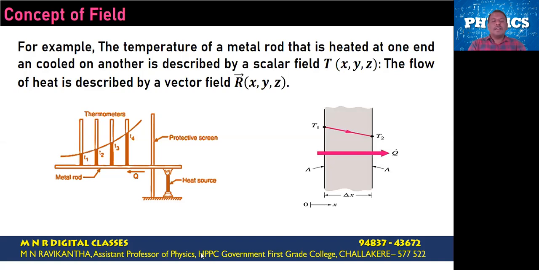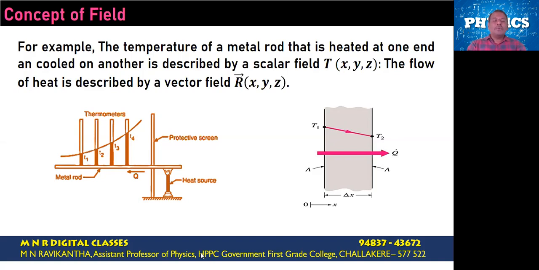Now let us understand the concept of field again with the help of an example. Consider the temperature of a metal rod heated at one end and cooler at the other end. We know that heat always flows from a region of higher temperature to lower temperature. As a result of this flow of heat, the temperature at different points along the length of the rod will be different under steady state conditions.